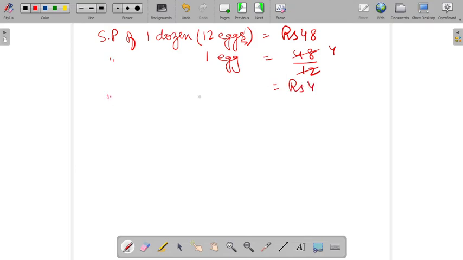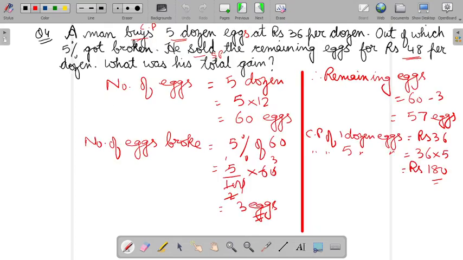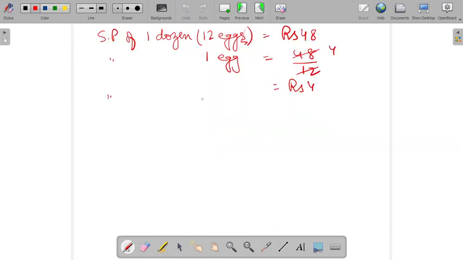And selling price of how many eggs? 57 eggs. So selling price of 57 eggs equals 4 multiply 57. 4 multiply 57 will be the selling price of remaining eggs. So it would come as rupees 228. Now the question is, what was his total gain? This is the selling price.